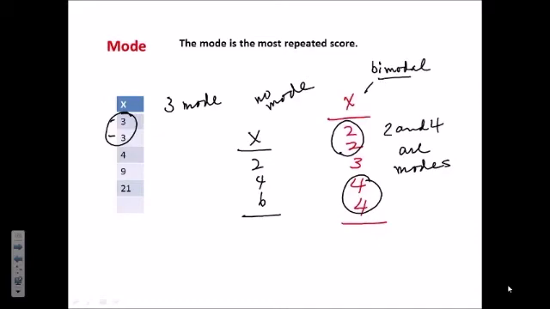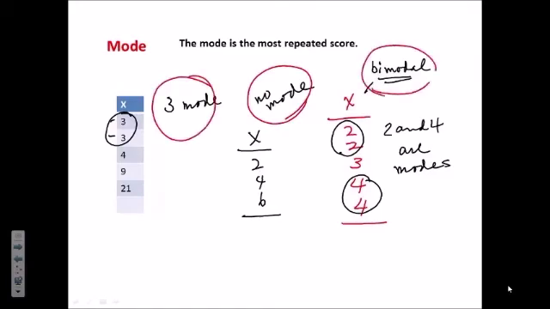Bimodal means it has 2 modes. So that's one of the reasons why we sometimes don't like to use the mode, because you could have no mode, you could have one mode, you could have many modes.